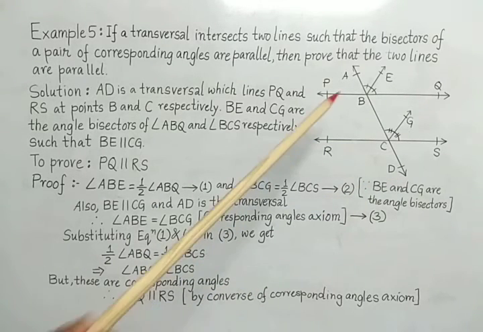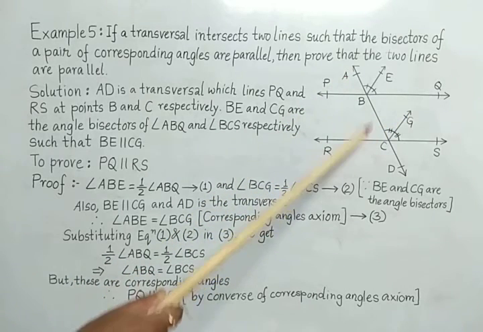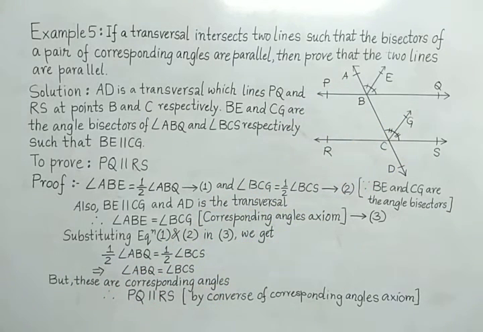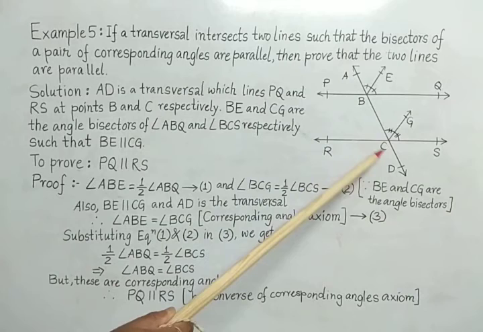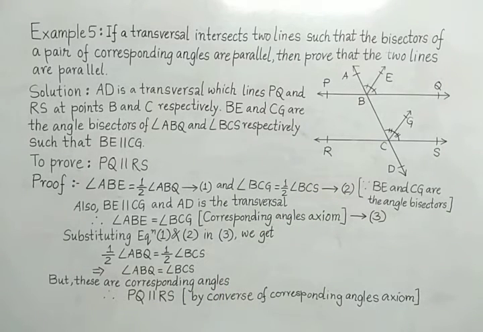So which will be the corresponding angle? Angle ABQ and angle BCS. These are the corresponding angles and they are being bisected by the angle bisectors. So which will be the angle bisectors here? BE and CG. Now what is an angle bisector? An angle bisector divides an angle into two equal halves.